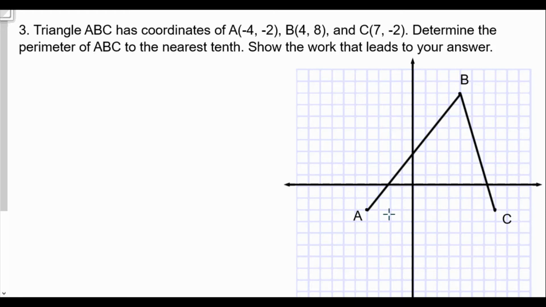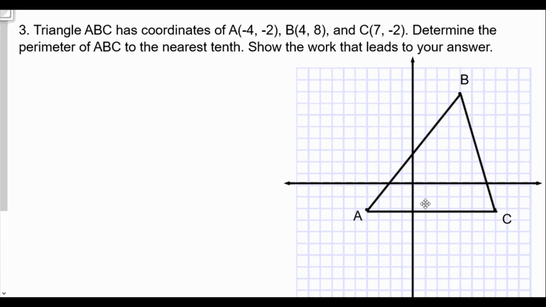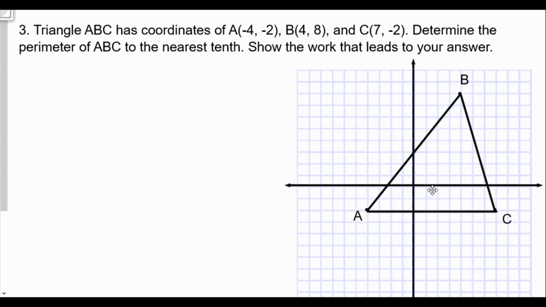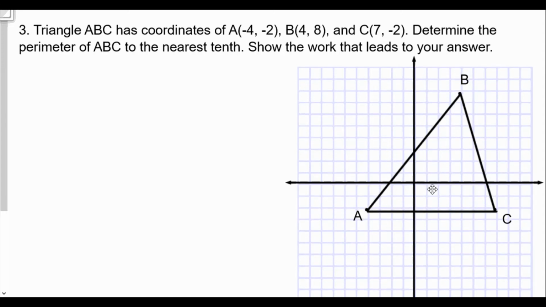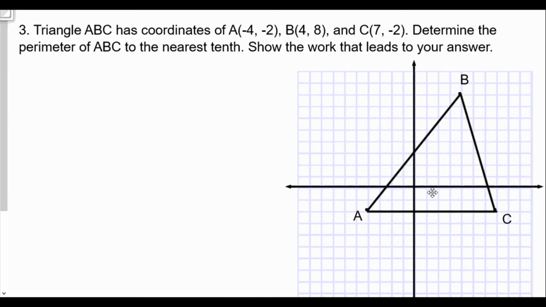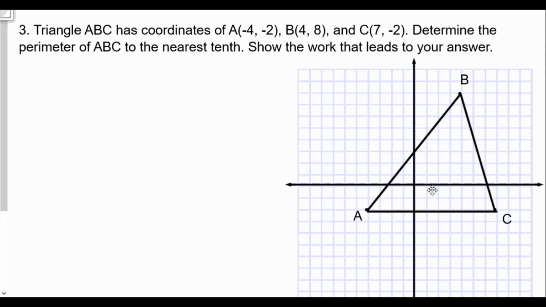Now, the easiest one to find in this case will be the measure of AC, which is this line segment I want to move up.